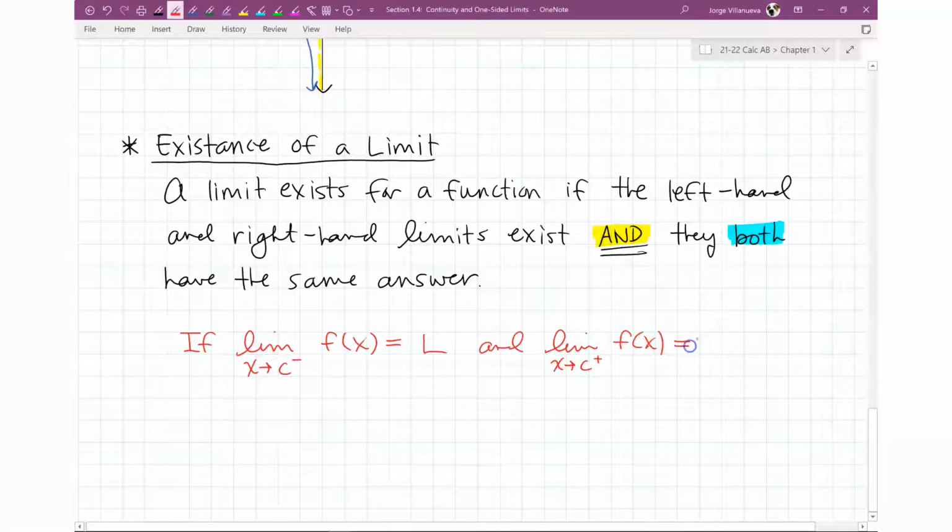Notice both limits exist and both limits are the same. Then the limit as x goes to c, some people like to call it the whole limit because it's composed of both, of f of x is also L. So if the left side limit is L and the right side limit is L, then the whole limit is also L.